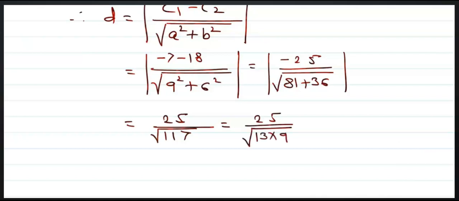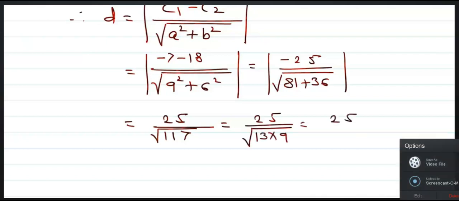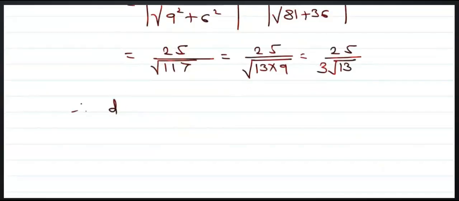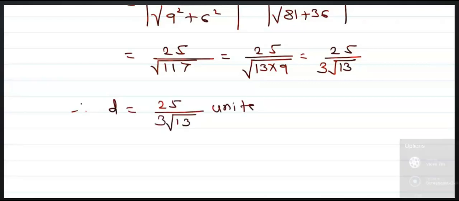That can be split up like 13 into 9, and that is equal to 25 upon 3 root of 13. Therefore, this distance is equal to 25 upon 3 root of 13 units.